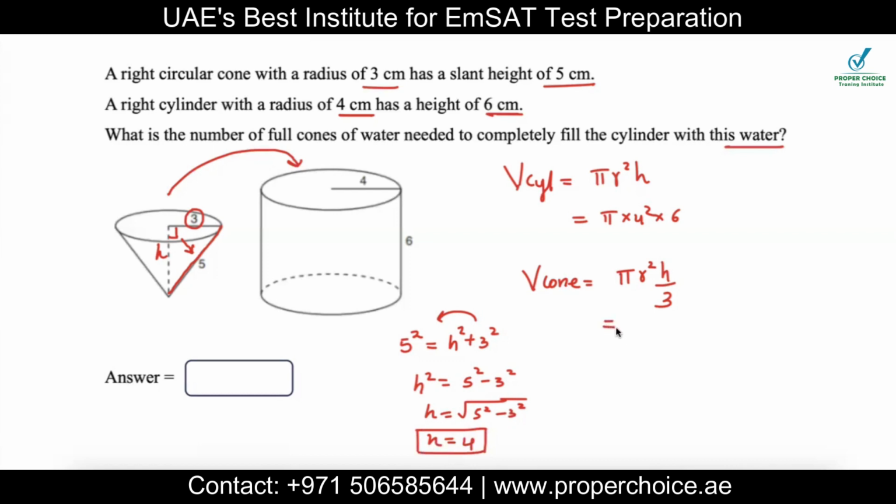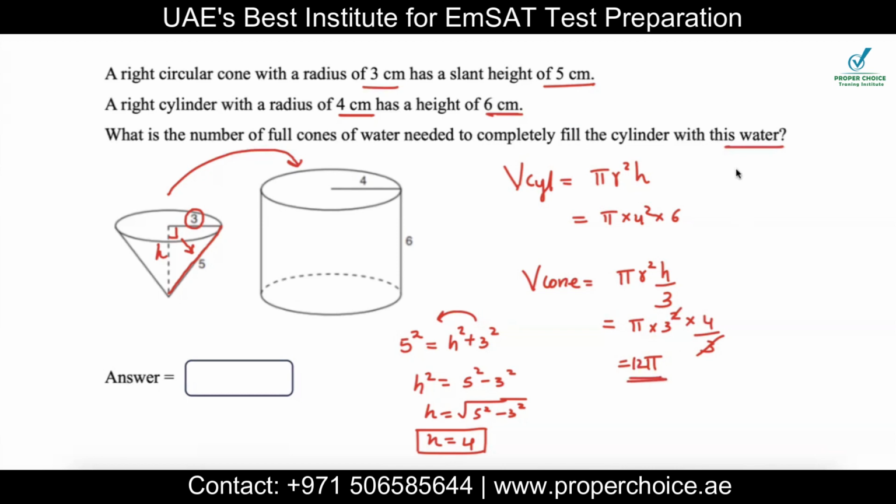So substitute here: pi times 3 square times 4 by 3. Let me simplify it. 3 square, so one of the 3s cancels out. If you have confusion with this, regardless, use it as it is in the calculator. After simplifying, I am getting pi times 3 multiplied by 4, which is 12 pi.